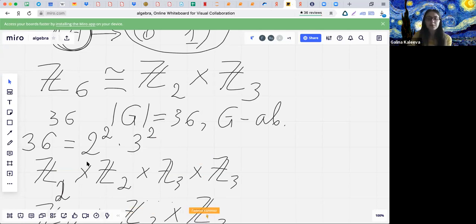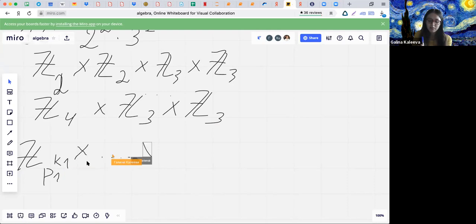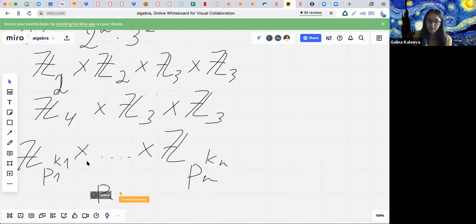I write down the different combinations of the following type: Z_{p1} to the k1 power, etc., Z_{pn} to the kn power, where p is prime. And some p can appear more than one time in these indices of these groups. Do you remember such kind of notation?